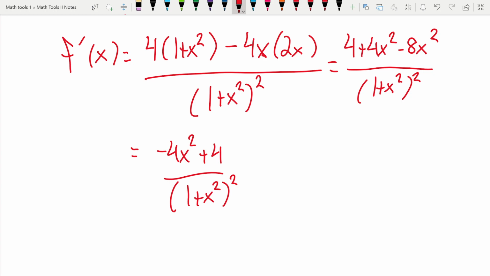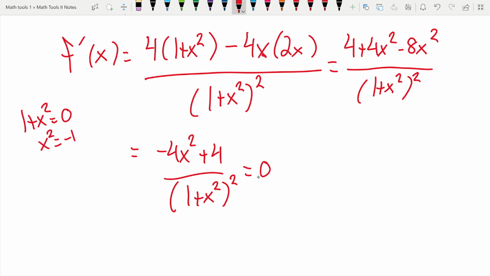So we want to set this equal to 0. There is a denominator here, so we do want to think about if it's undefined anywhere, but this one's not going to be. Because if you set 1 plus x squared equal to 0, you get x squared equals negative 1, and there's no answer for that. X squared can't be negative 1. So we don't have to worry about that part.